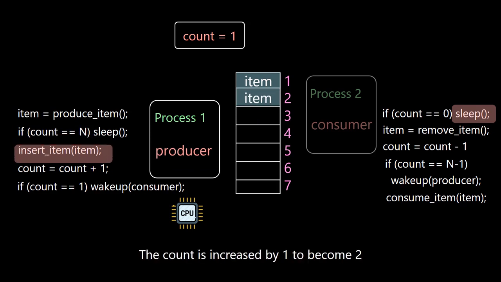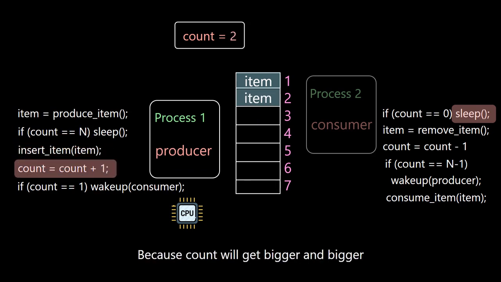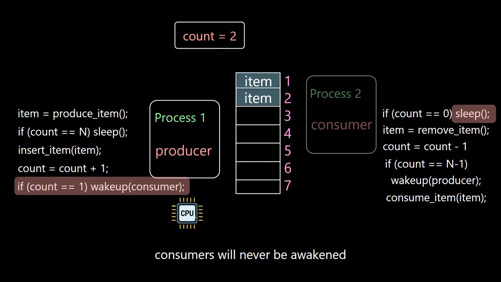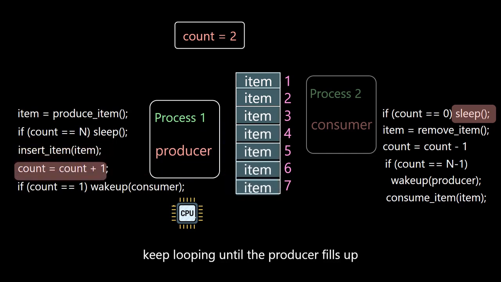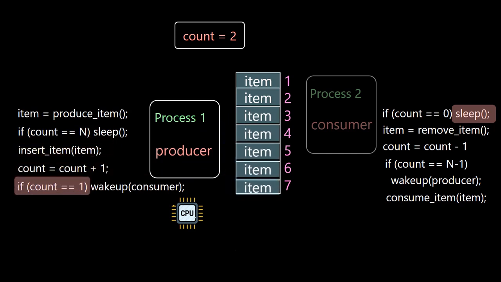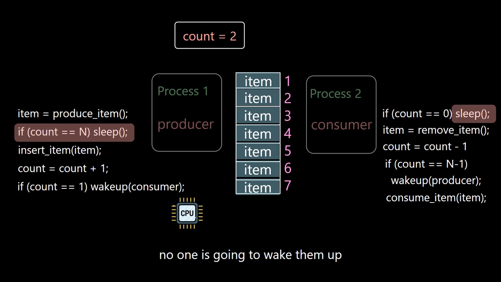The count is increased by 1 to become 2. Because count will get bigger and bigger from now on, it will never be 1 again. Therefore, the consumer will never be awakened. So the producer keeps looping until it fills up the buffer and sleeps. Now, no one is going to wake them up. In this way, the two processes will wait forever.